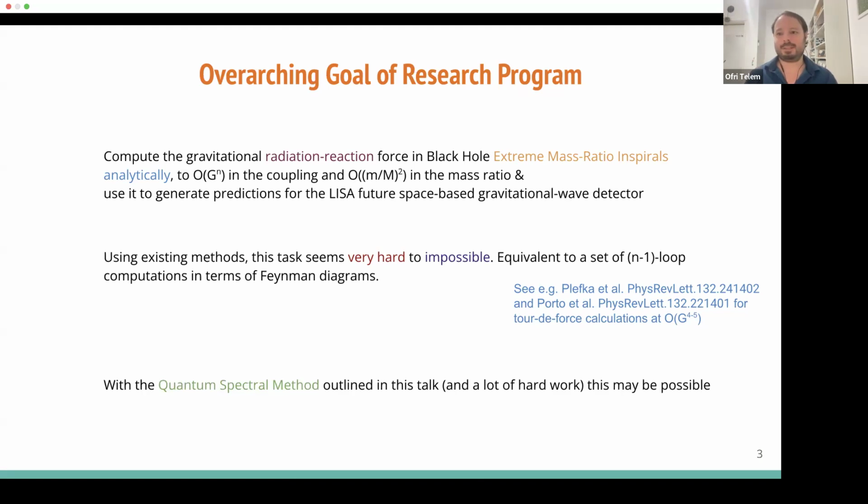Now, the ambitious goal is to be able to do this with a new method called the Quantum Spectral Method, which brings a completely different take on the problem. I hope I'll be able to convince you that there's a chance here to make progress in a new direction where progress seemed almost impossible.